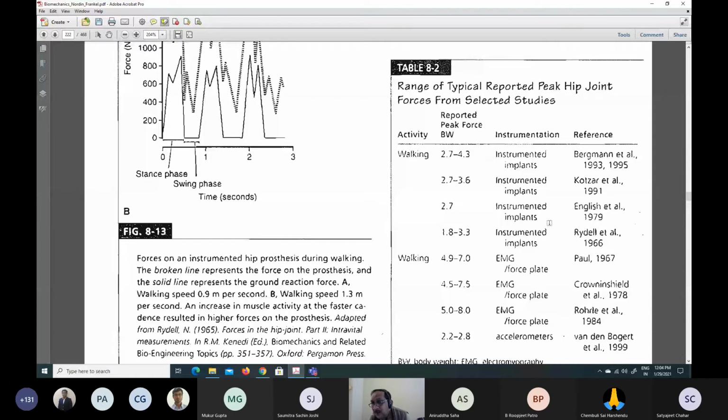So there has been a lot of work done, but for different types of patients, the exact ratio of the peak hip joint reaction force to your body weight will vary. The ratio will vary, but within a range.